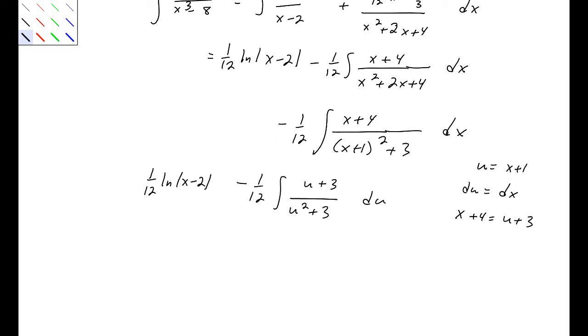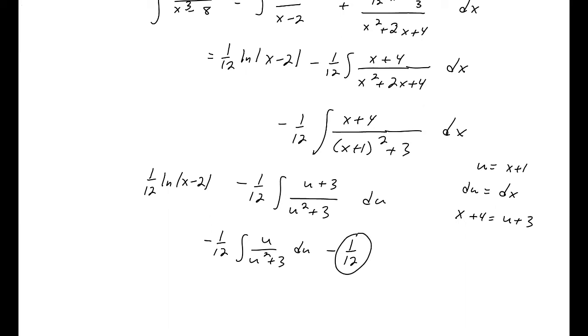Okay. Now, this I'm going to split up as negative 1/12 integral u over u squared plus 3. Minus 1/12, and that is going to be, actually I'll make that 3/12 or 1/4. So that is minus 1/4 integral of 1 over u squared plus 3 du.